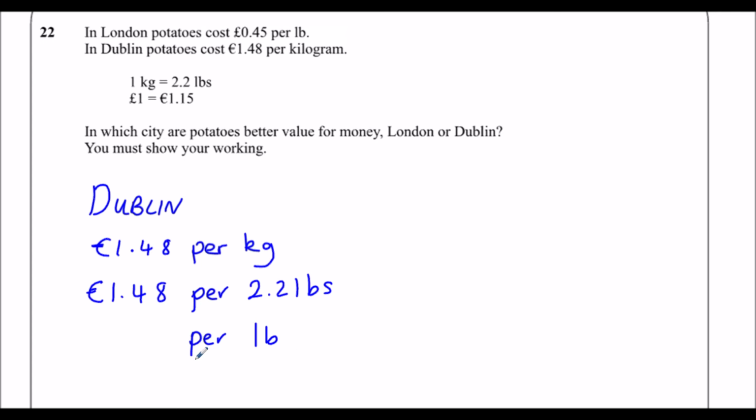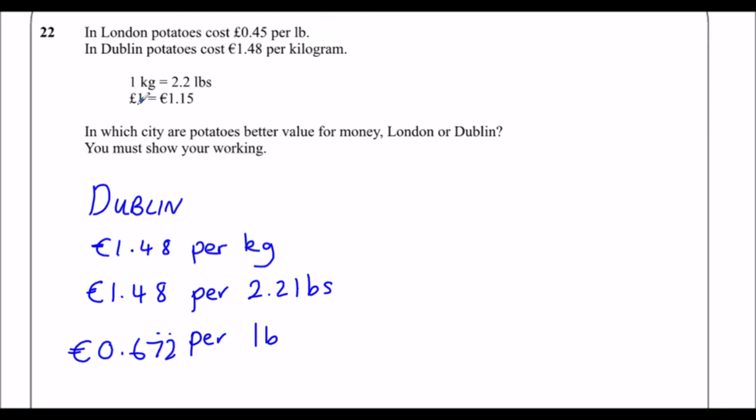So 1.48 divide 2.2, and well, that's 0.6727727272 euros. So 67 cents for one pound.